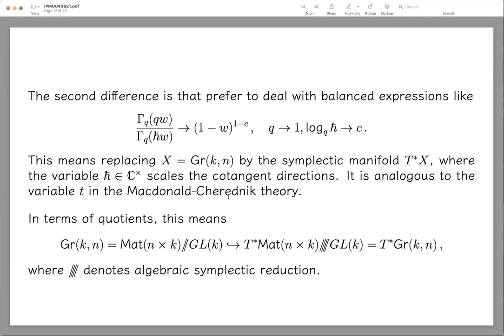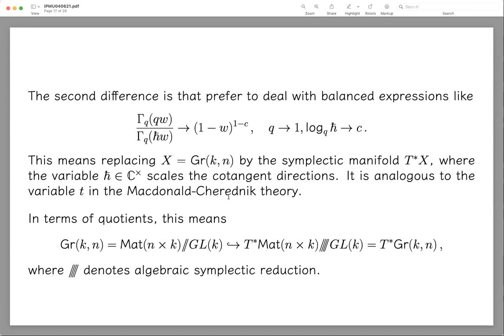For example, this ratio of two gamma functions will converge to some more familiar functions. And to have that balancing means that instead of having algebraic varieties like the Grassmannian, we would like to have, in fact, symplectic ones. We would like all varieties to be symplectic.